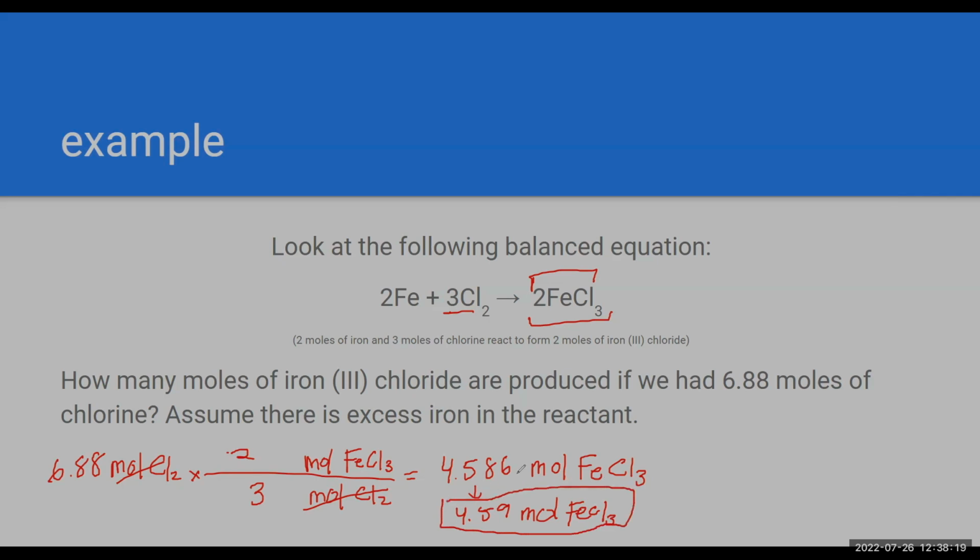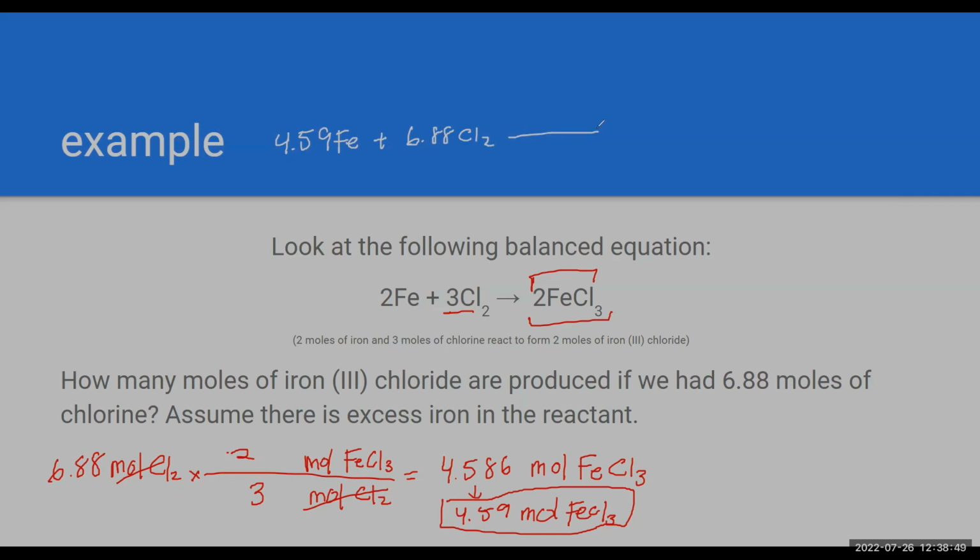So if I wanted to, I could actually rewrite this balanced equation in another way. This is going to look very unusual. But basically, I could also write this reaction as 4.59 of Fe plus 6.88 moles of Cl2.